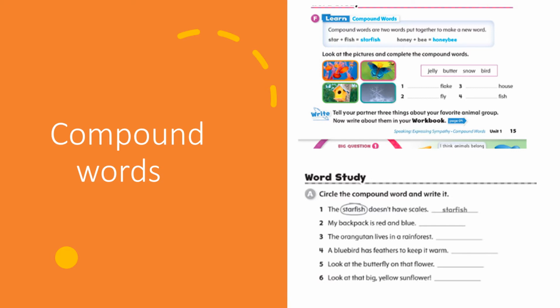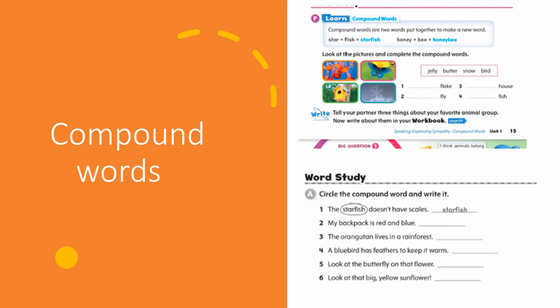Honey, bee, two different words, but when we combine them, it makes honeybee. So that's how we make compound words. And there are some more compound words like snowflake, butterfly, and so on.